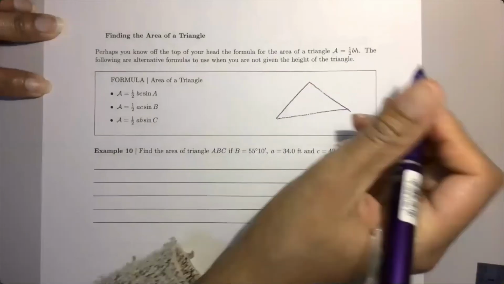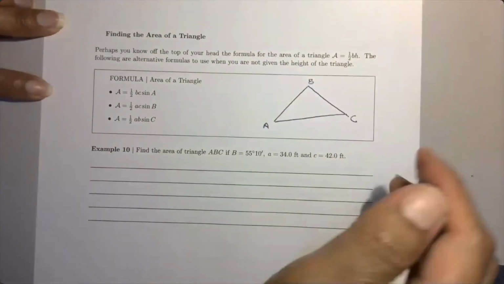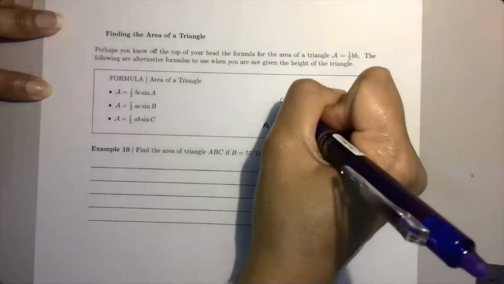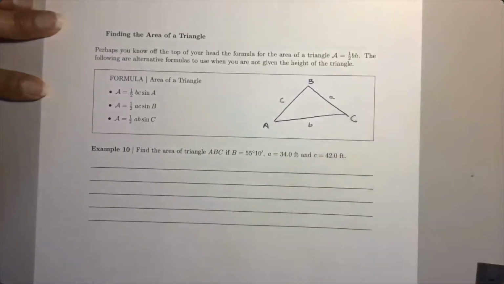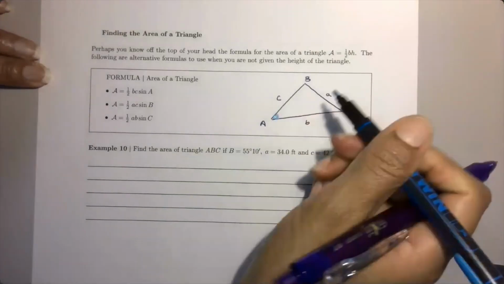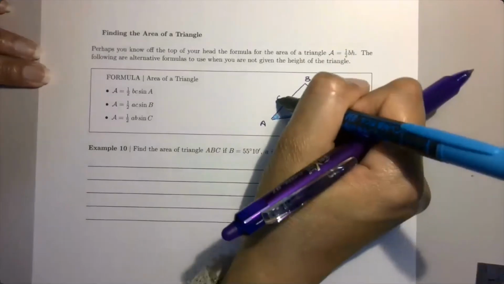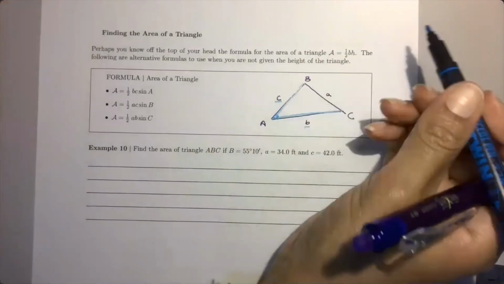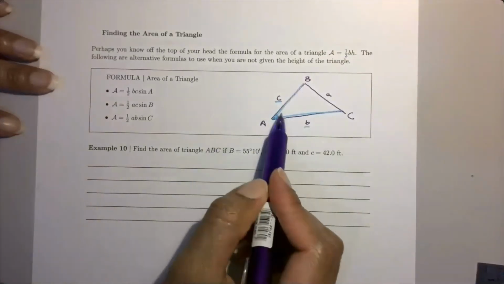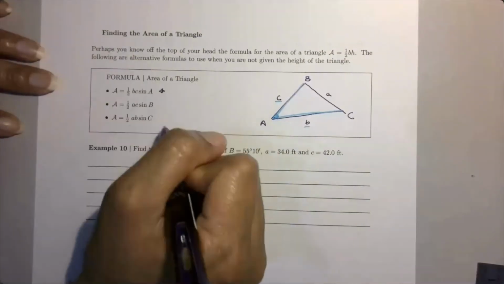Okay, so just to draw one possible case where we can apply these formulas, we have triangle ABC with side A, side B, side C. Let's suppose that they gave us information about angle A, side B, and side C. Then in that case, we would have enough information to find the area of the triangle based on this first version of the formula.